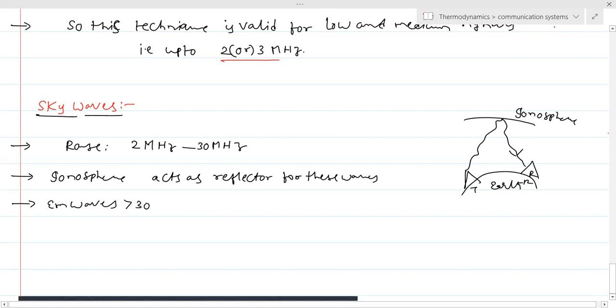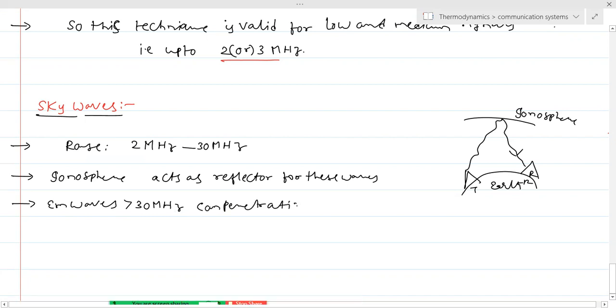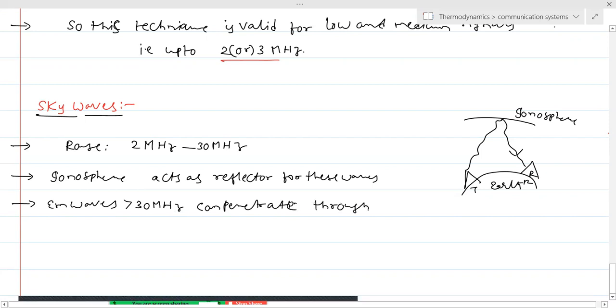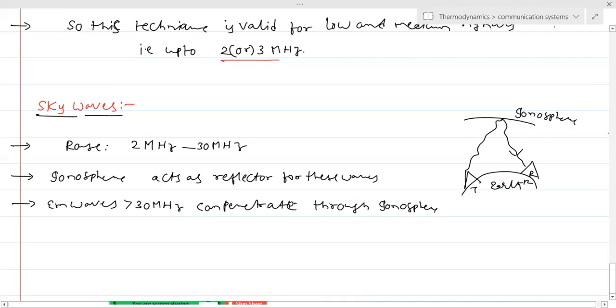And the electromagnetic waves greater than 30 megahertz: what happens if we send more high energetic waves through the sky? Let us see. The EM waves which are having more than 30 megahertz can penetrate through the ionosphere. So they all pass through the ionosphere, which is useless for us.